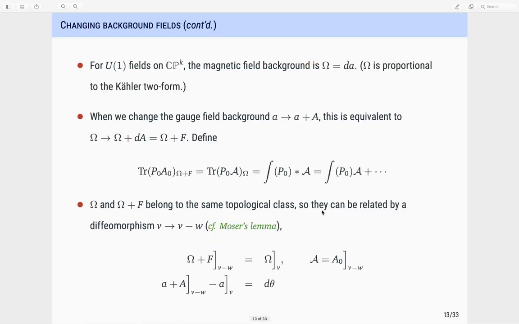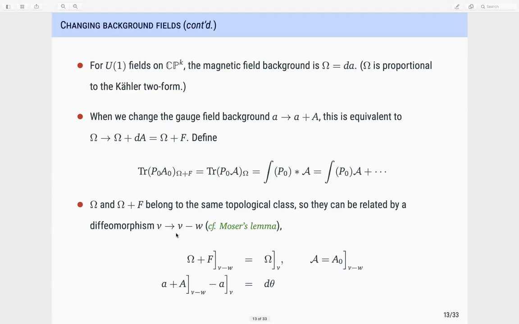Okay, so how do we do that? Well, omega and omega plus f should belong to the same topological class, otherwise this is not going to work. But of course, we are considering perturbation, so that is acceptable. So the idea here is that I can do a diffeomorphism on the classical phase space, not a canonical transformation, but a diffeomorphism, and map omega plus f to omega.